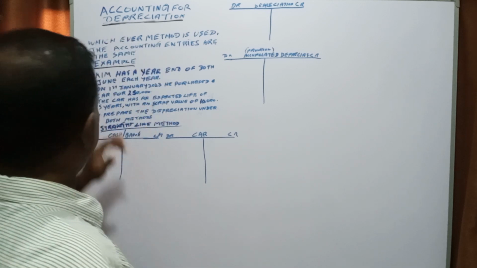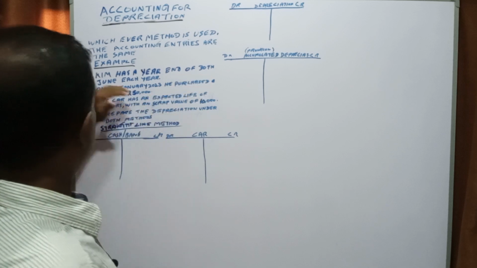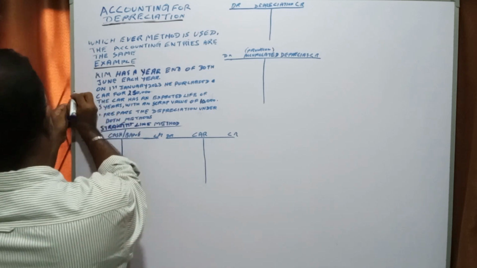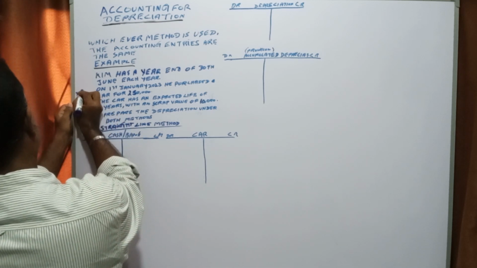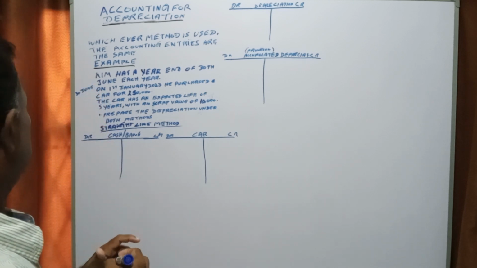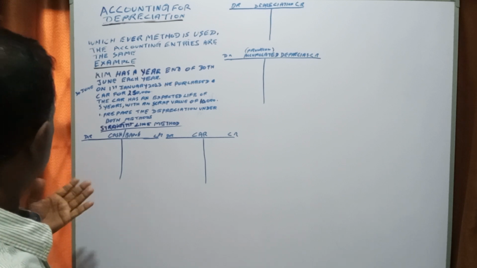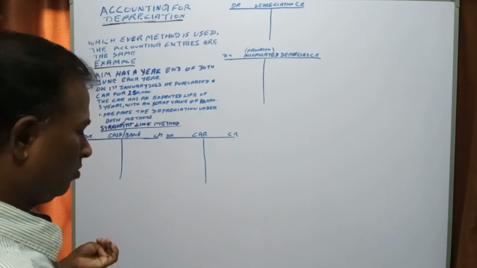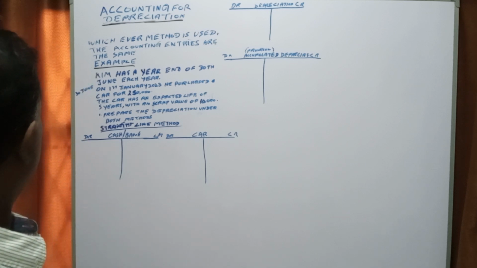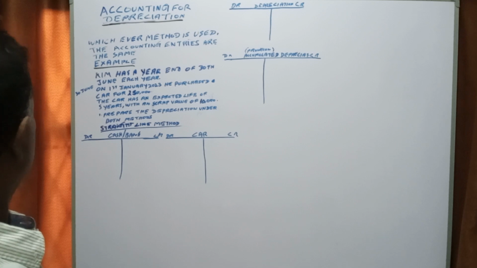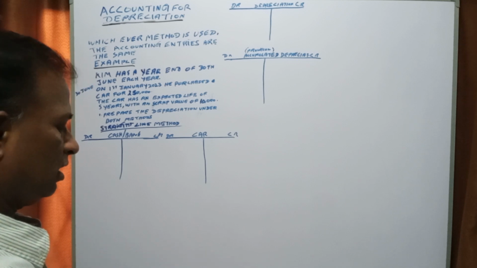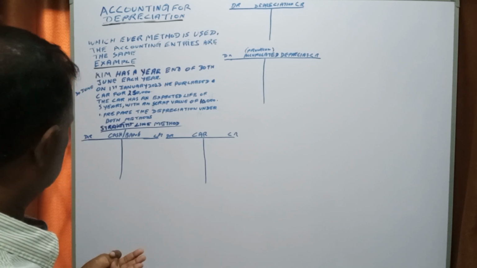Kim has a year end of 30th of June. The months are July, August, September, October, November, December, January, February, March, April, May, June.